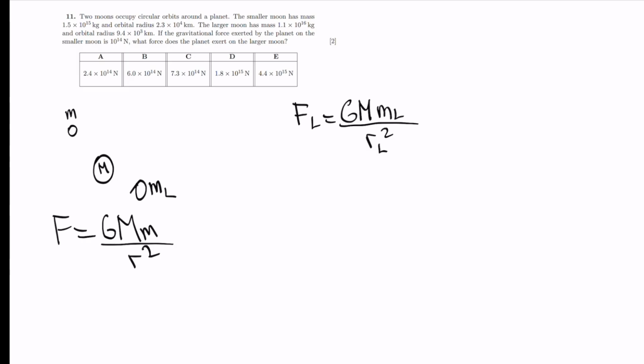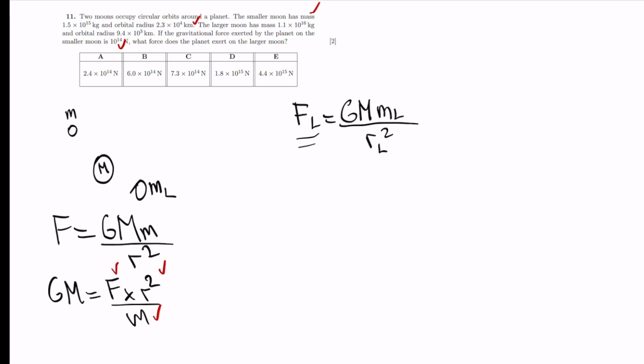So in order to find this force, we're going to need the mass of the planet, or in other words, this factor of GM. So I'm just going to say over here that GM will be given by F multiplied by R squared divided by m. Now quickly I'll check that we can actually just calculate that. We know the force, that's just here. We know the orbital radius, that's just here, and we know the smaller mass here, so we're pretty much in business.